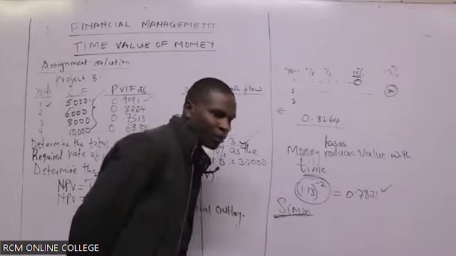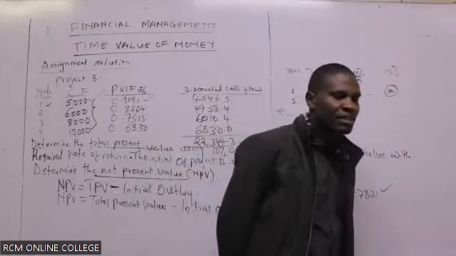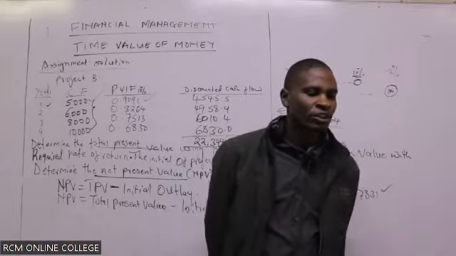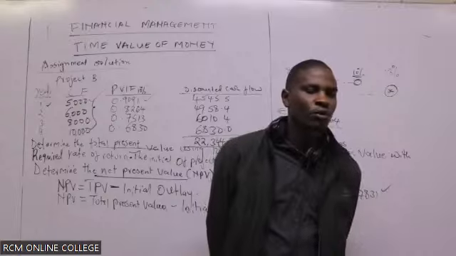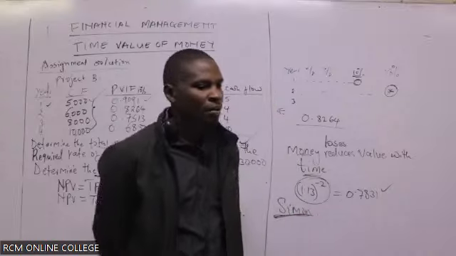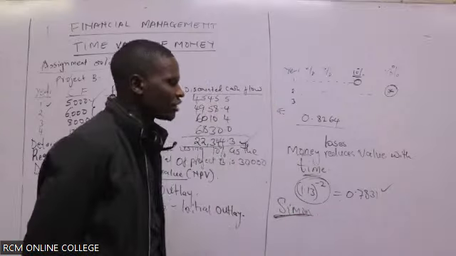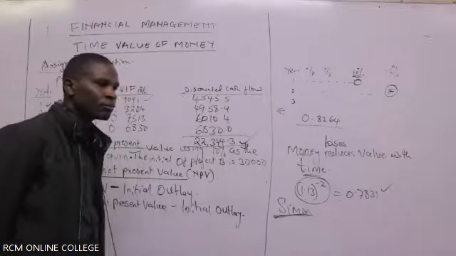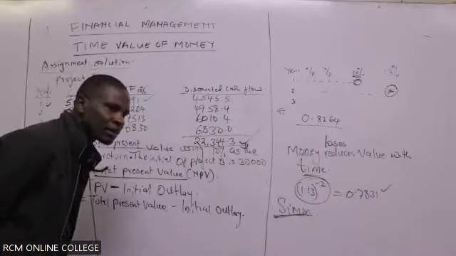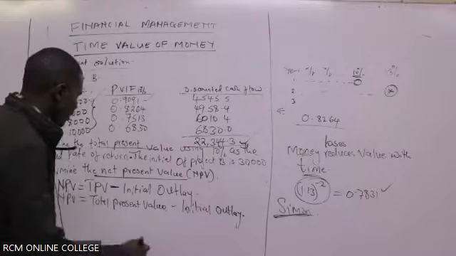I am also getting negative 7655.7. Now I have a contradiction here. So I want a third person to confirm. Is it negative? Is it positive? Thank you so much.